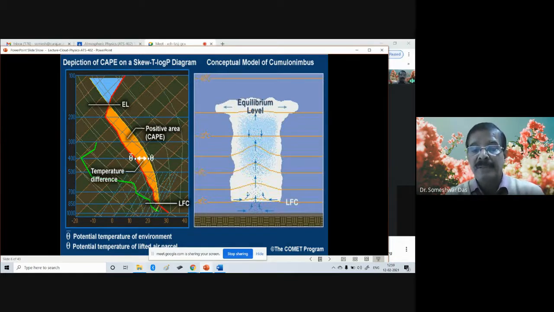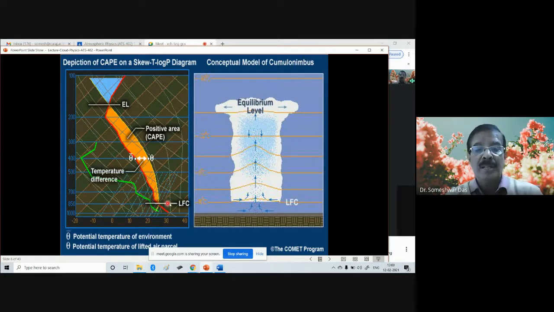Now, when the cloud is growing, say at the lifting condensation level, when condensation starts taking place, the saturation vapor pressure will determine the size of the water droplets.